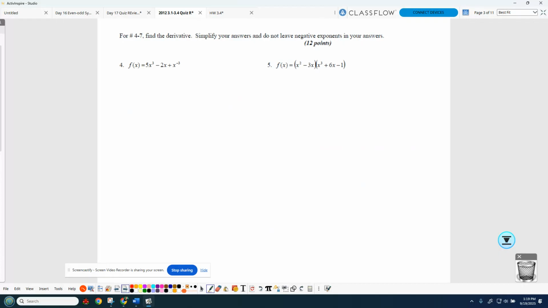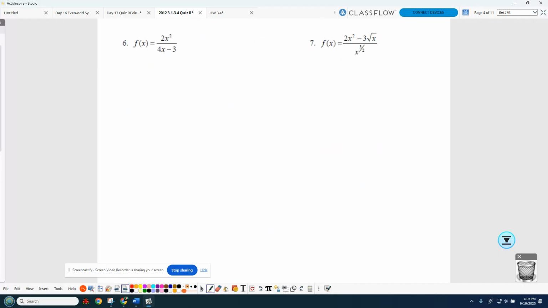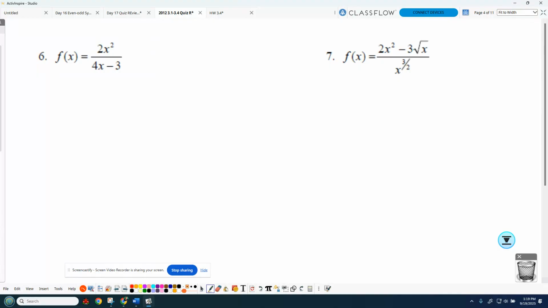Product rule, power rule. Try number 7. Is it just simplify? It's do the derivative. Oh.